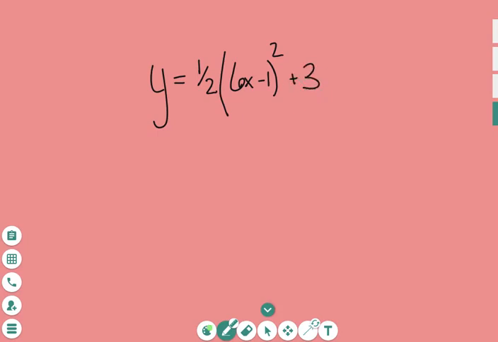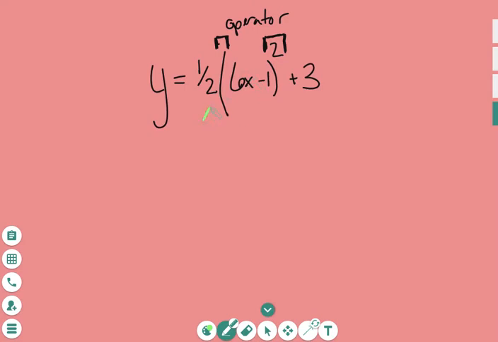Okay, so the first thing I like to do is go through and recognize my A, B, H, and K and make sure I know where they are. So first of all, I see my operator is the square going on here, meaning I am looking at a quadratic. So that's my operator. Okay, so that means everything else going on other than the x should be an A, B, H, or K value.